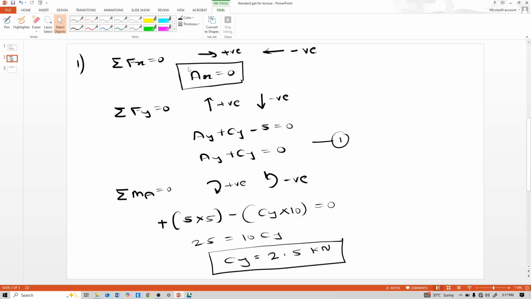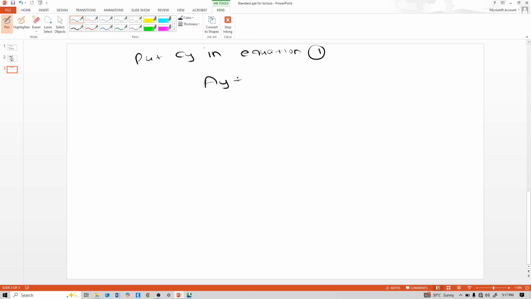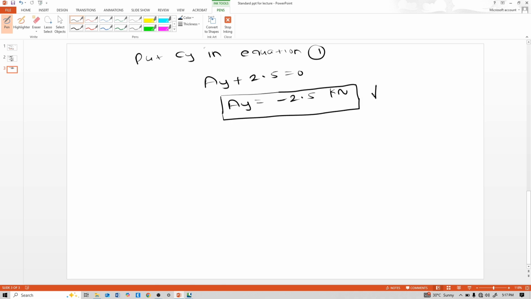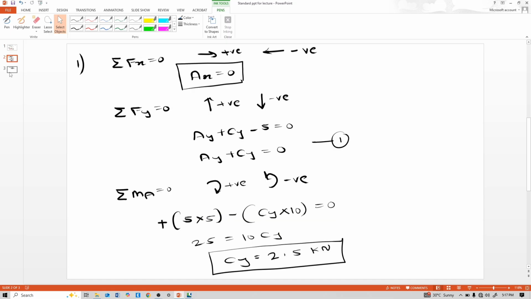That means AY plus 2.5 equal to 0, so AY is minus 2.5 kilonewton. Firstly, we assumed our AY direction is upward, so this value comes negative. That means this AY direction is actually downward. See this AY, AY is actually downward, and CY is upward. This is the direction of the forces.